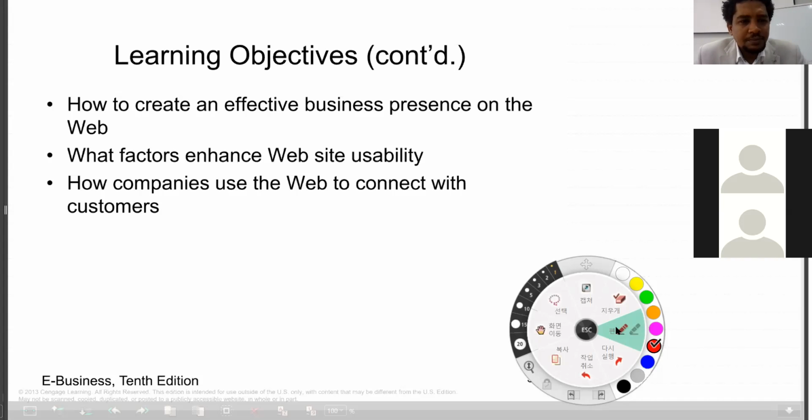And the other objective is what factors enhance website usability. If you are running an internet business, you know YouTube, right? YouTube is an internet business.